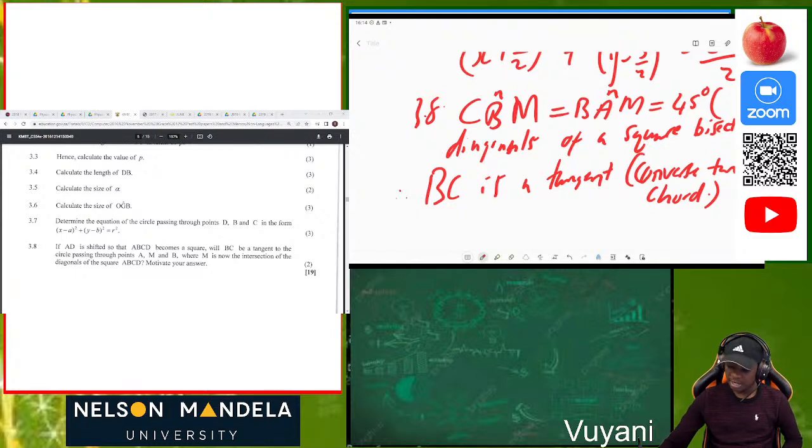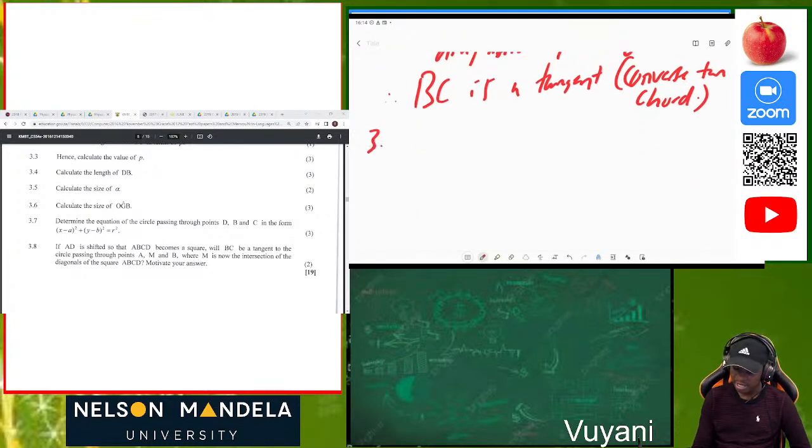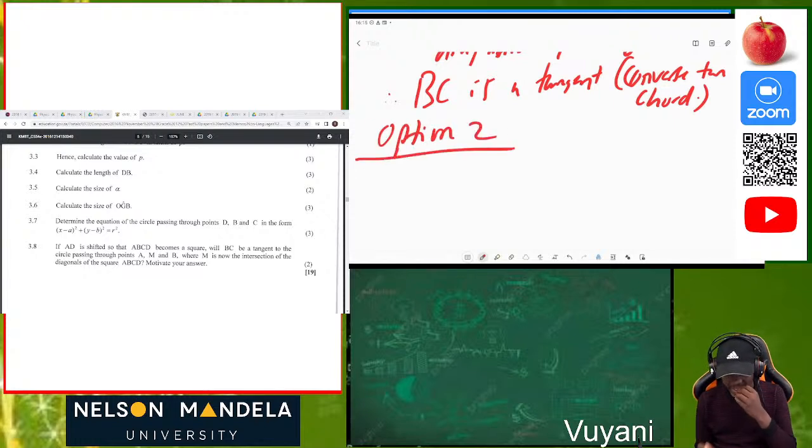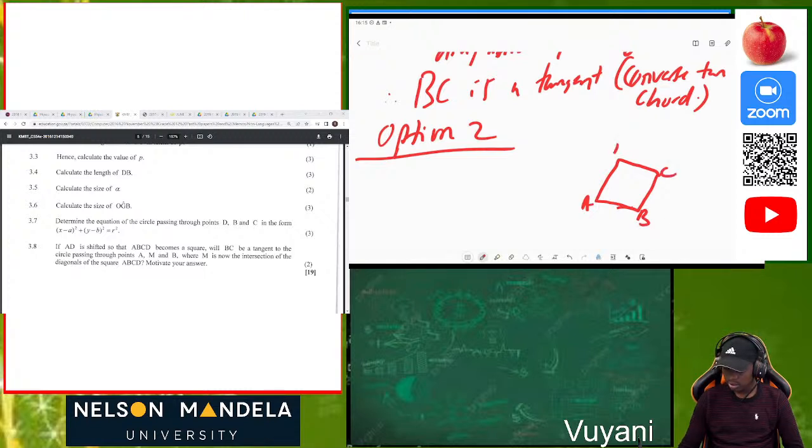Someone will say, no, check it in this angle. If we draw our triangle in our square in such a way, it's A, B, C, and D. Okay. This is our square. Then we know that the diagonals of a square, when they cut each other, they bisect each other.